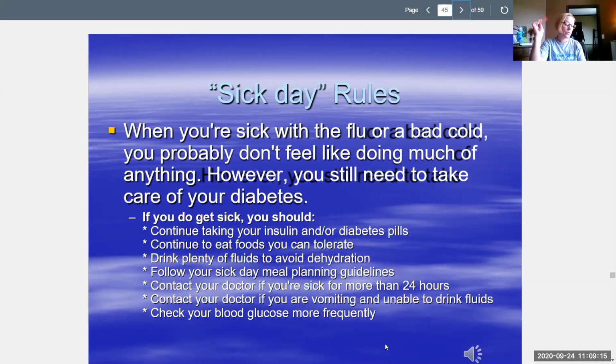And they should be checking their blood glucose levels more frequently when they're sick, because if they're sick, we know that can increase our blood glucose levels, so they could be abnormally high, which is why it's still important for them to take their insulin and their diabetic pills. But also if they have any nausea, vomiting, and they're not able to keep anything down, they could become more hypoglycemic. So those are things they need to be monitoring their blood sugars more closely for, and then contacting the doctor if they're having any complications, excessively elevated, or they're not able to keep anything down.